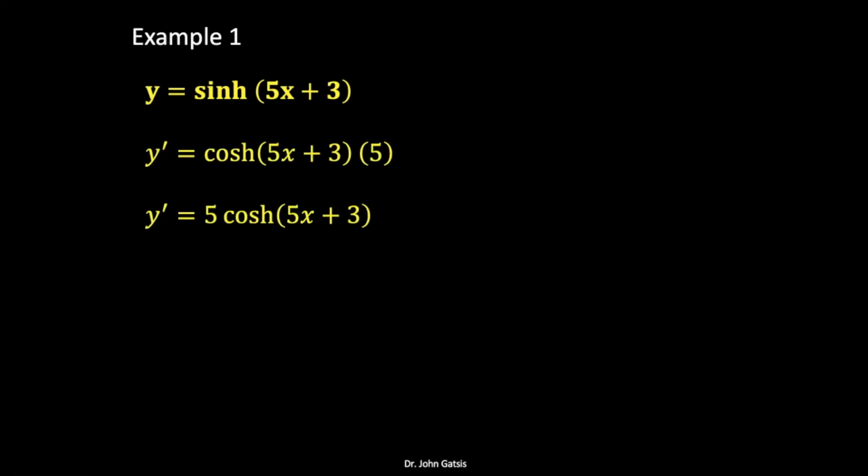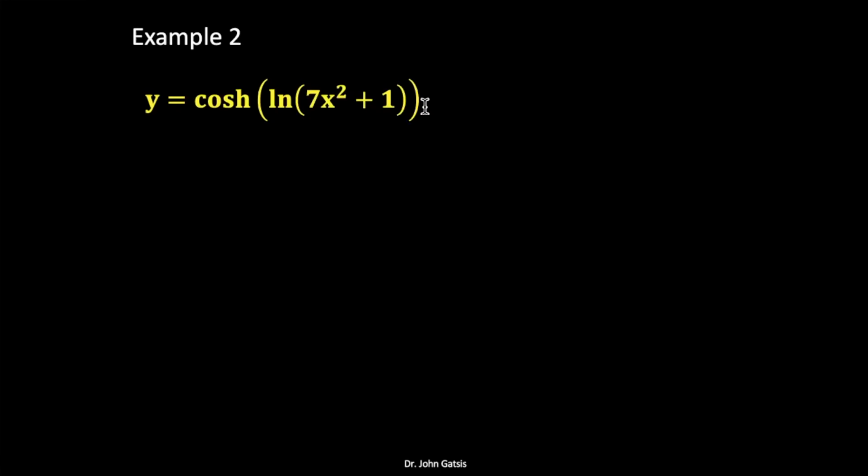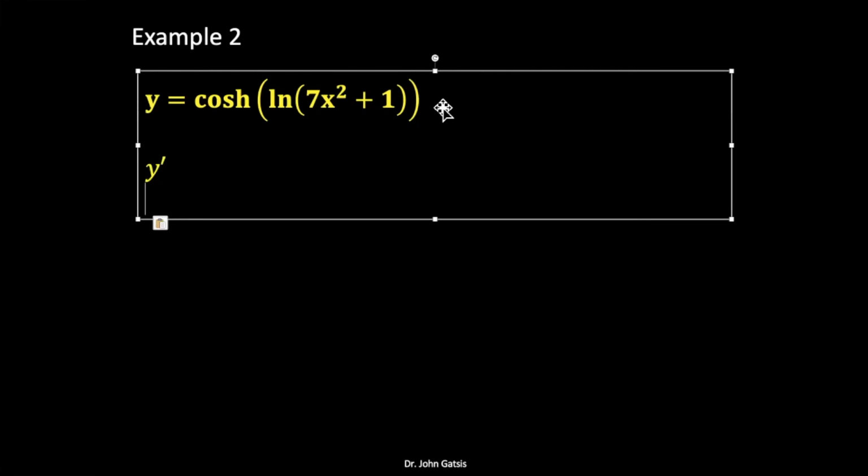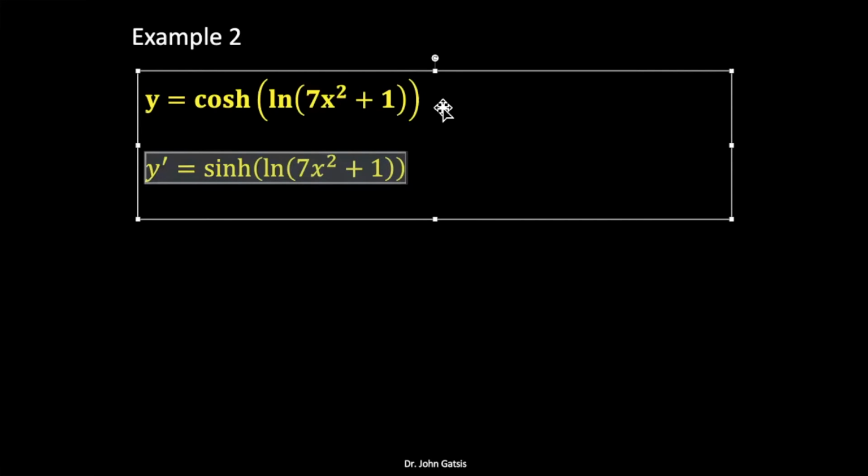In this next example, we have a couple of layers of chain rule, of which the outermost layer involves the hyperbolic cosine. So the derivative of the hyperbolic cosine is just the hyperbolic sine. And hopefully that doesn't scare you too much. We now have to work on the inner layer by taking the derivative of the natural logarithm.